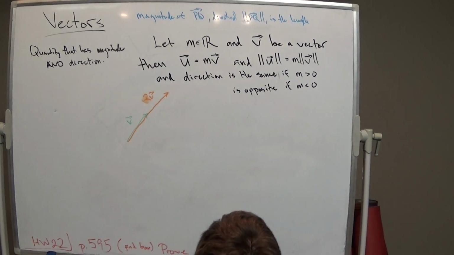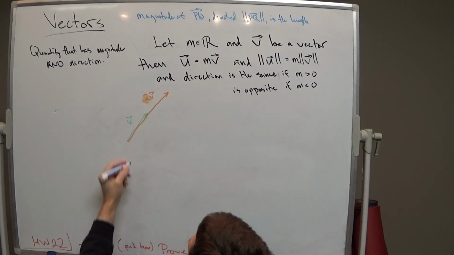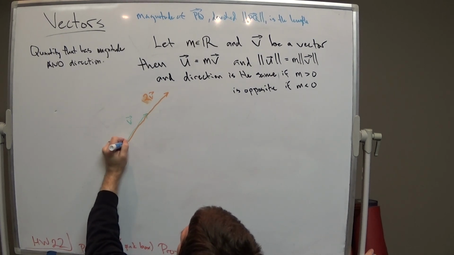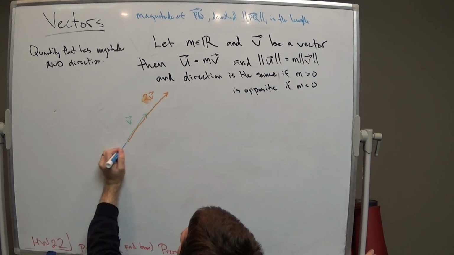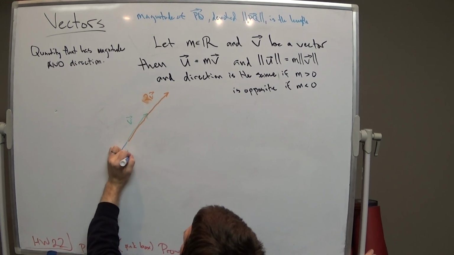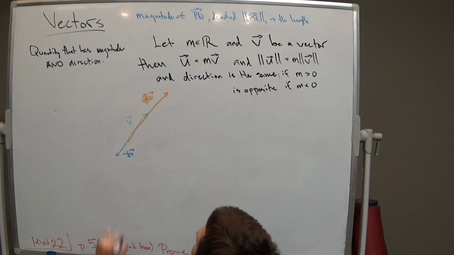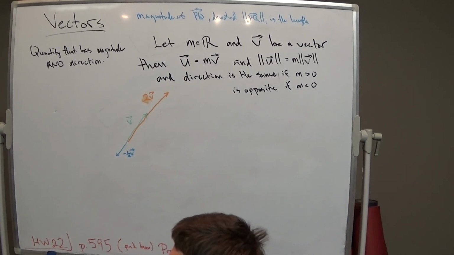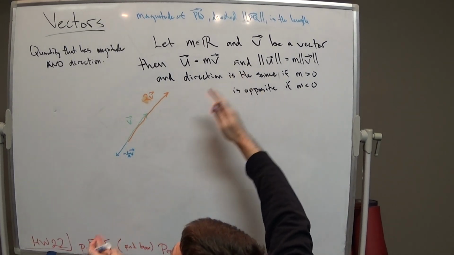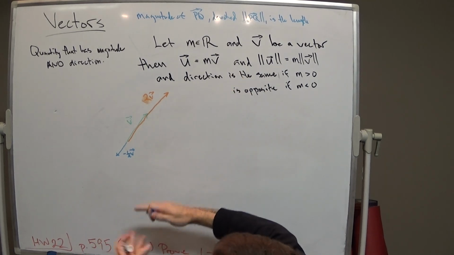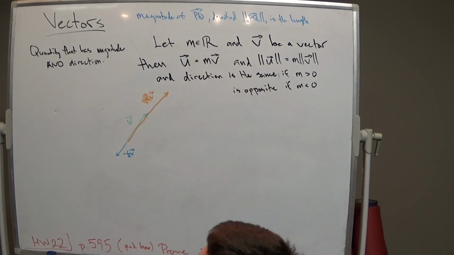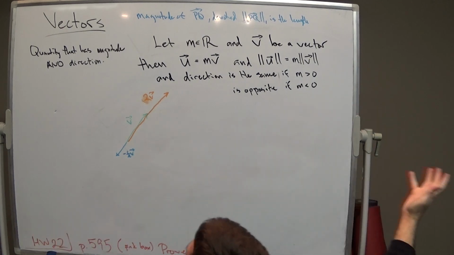Okay? Let's get another color. Let's go -1/2. This would be -1/2 V right here. In other words, the scalar scales the vector. I don't know if that's why it's called that. I don't know. But how can it not, right?